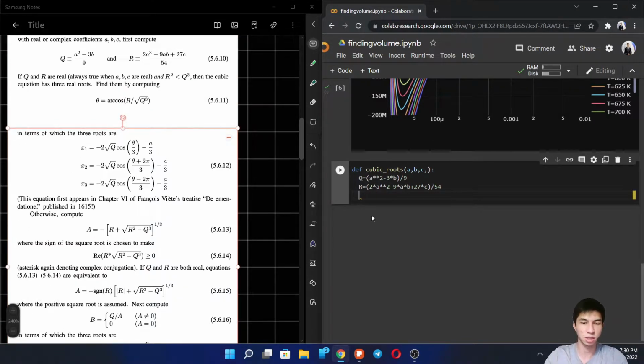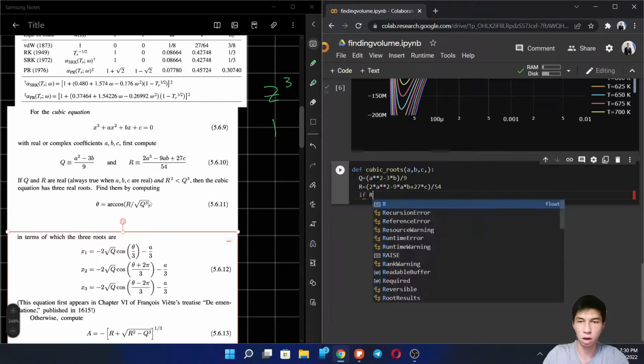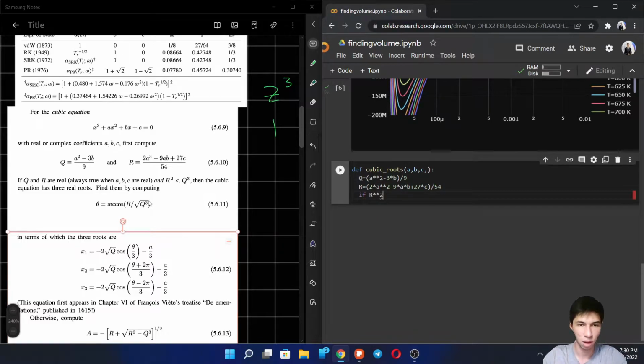So let's use conditionals to check the relationship between r squared and q cubed. So if it is less than q to the third power, we're going to say that it has three real roots.